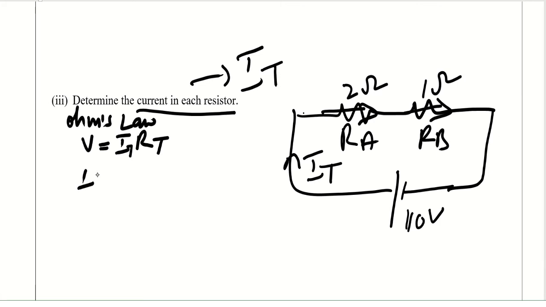So you have to find the total current which is passing in this circuit, and this is V over RT.